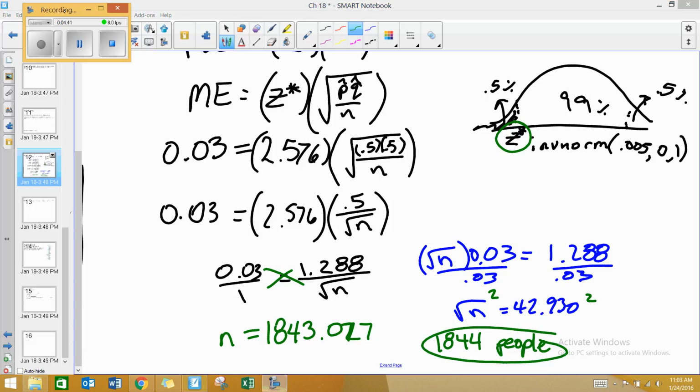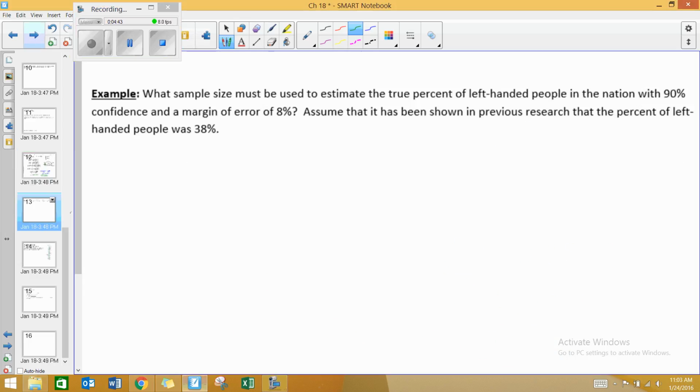Okay, let's move on to this second question. We're looking at the true percent of left-handed people in the nation with 90% confidence. So my confidence level is 90%, and my margin of error is 0.08. It says that in previous research, the percentage of left-handed people was 38%.